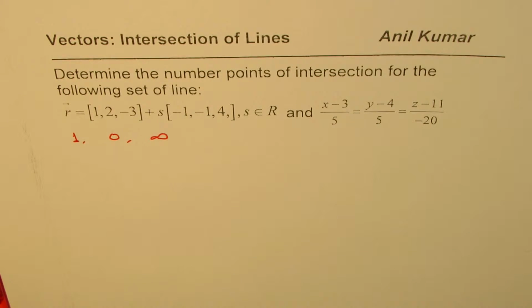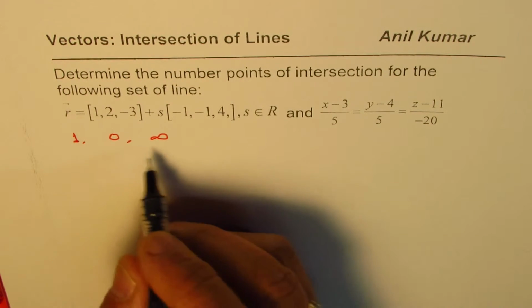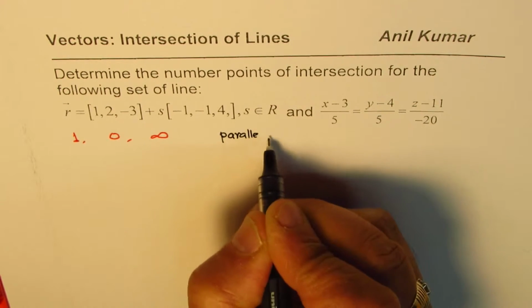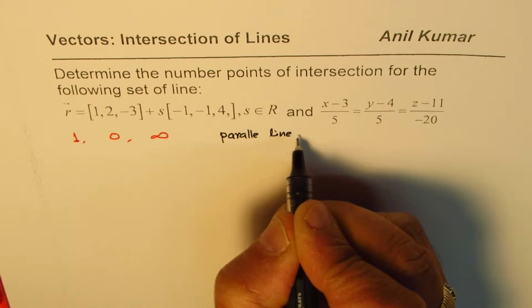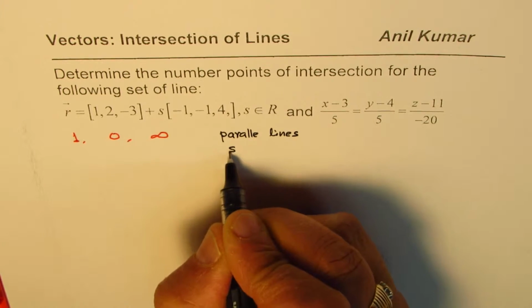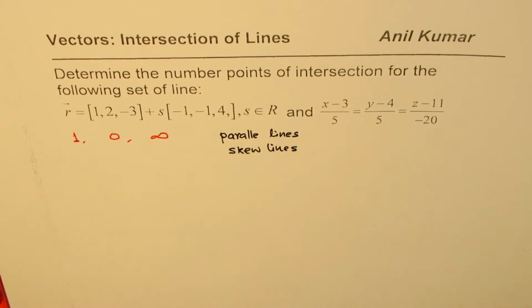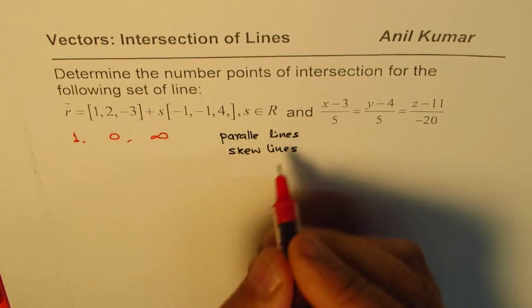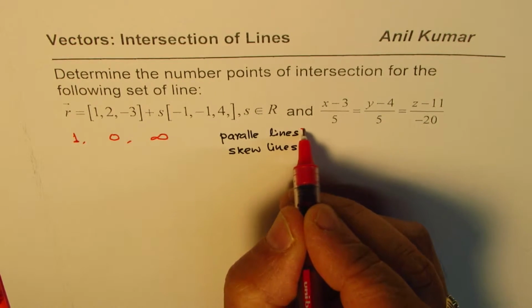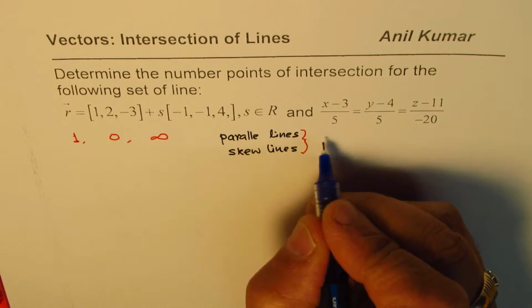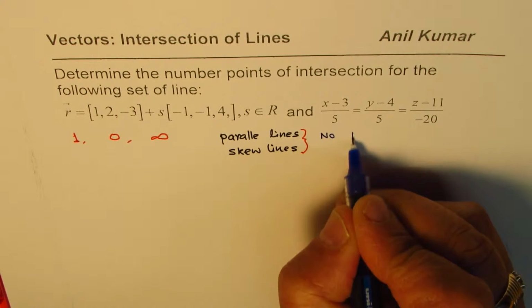So let me write down these terms. We could have parallel lines and skew lines. Now, skew lines are the lines which are not parallel, but they are in parallel planes. So here we have 0 points of intersection, no point of intersection.